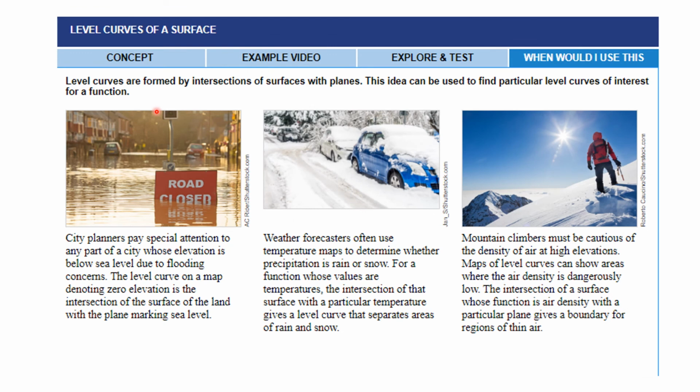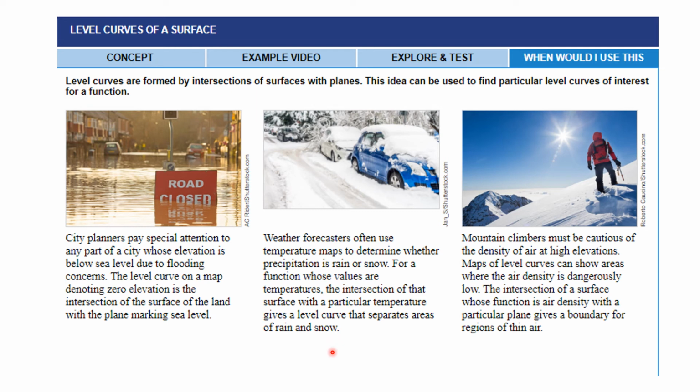Level curves are formed by the intersection of surfaces and planes, and they can be used to find a particular level curve of interest for a function. And so city planners want to know what's below sea level due to flooding, and so that can help you know where that happens. Weather forecasters often determine temperature maps to predict if we're going to have rain or snow.